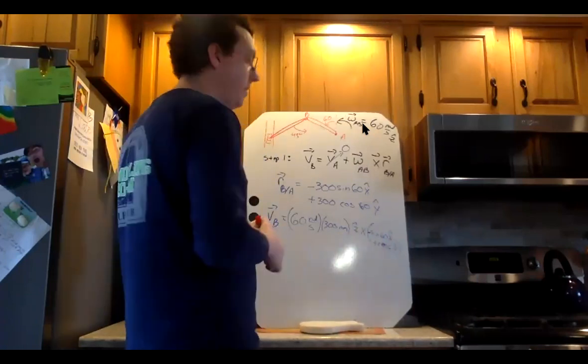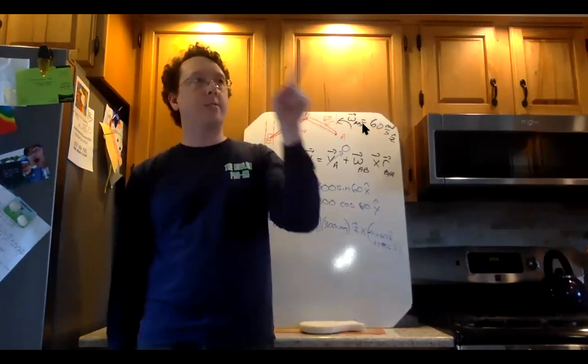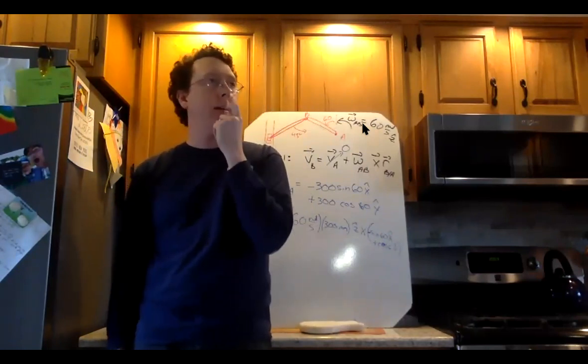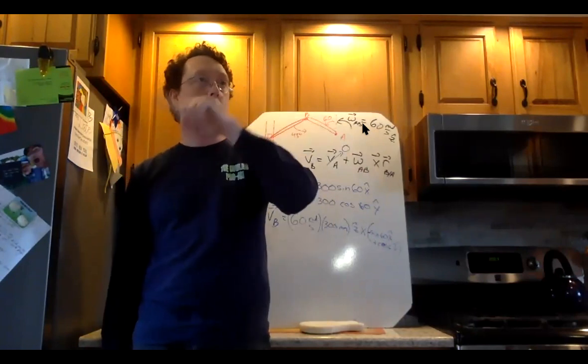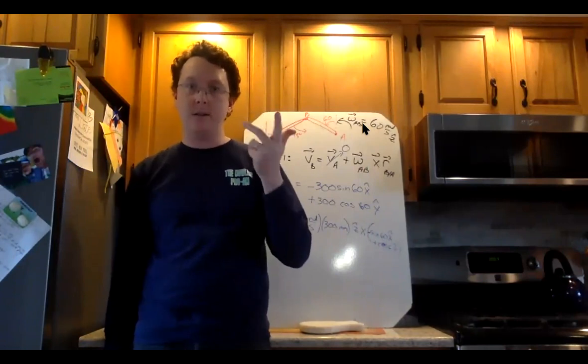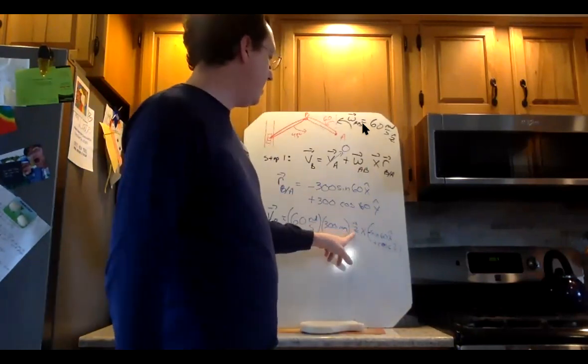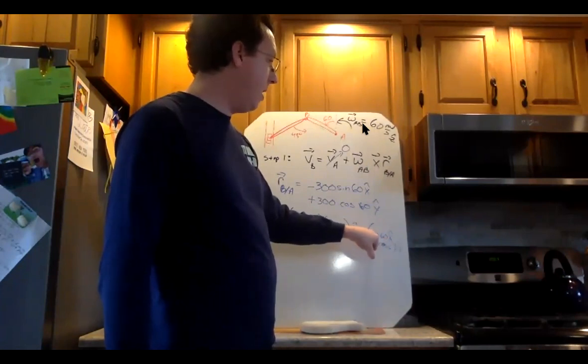All right, and then I remember x cross y is z, y cross z is x, and z cross x is y. Those are the positives, and then if you switch things, you get a minus sign. So z cross x is y, so it's going to give me a negative y component.